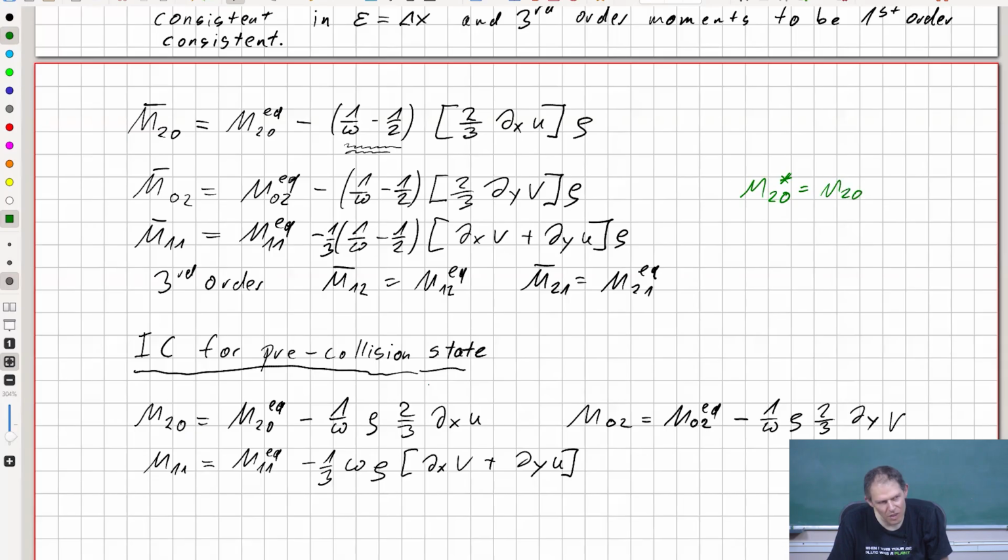Why? Because the collision operator has to be 0, right? After collision, the collision operator has to be 0. Well, why would the collision operator be 0?